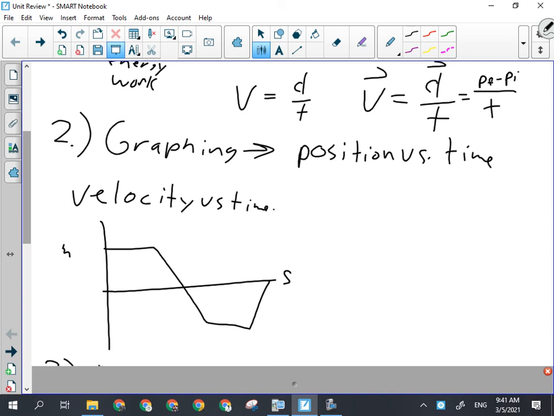I could also ask you to calculate the total displacement over the whole trip, which would be final position minus initial position. I might ask you for the average speed or the average velocity over the whole trip. But a graph like that, you won't get an equation on it because it's not a linear graph, and so then you would have to do it differently. And the same could be true for a velocity versus time graph.